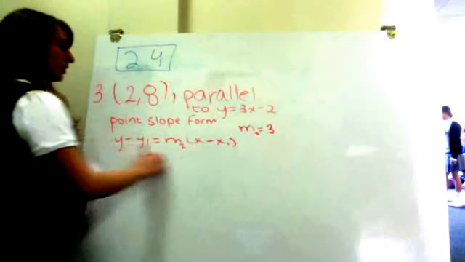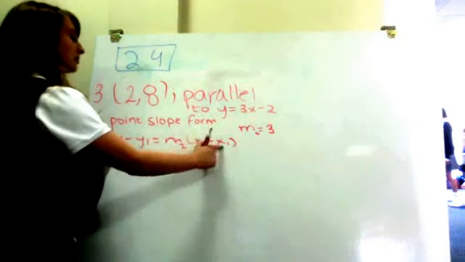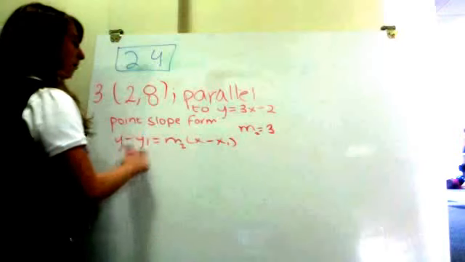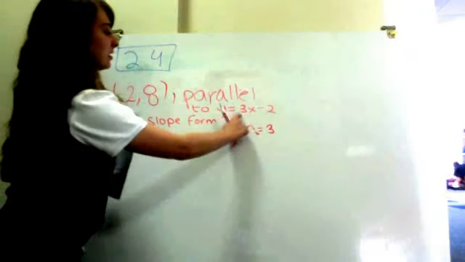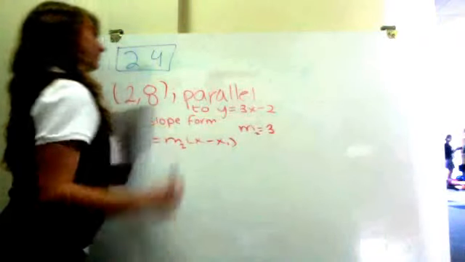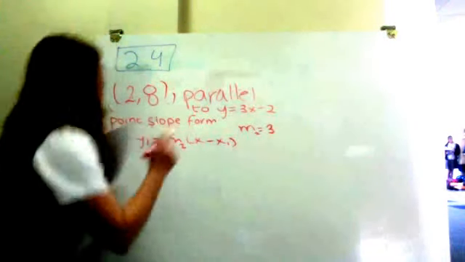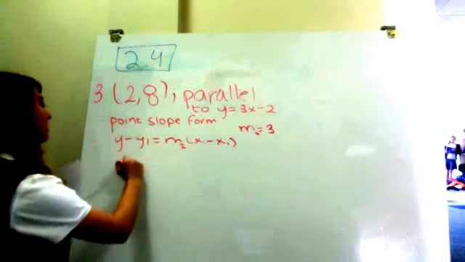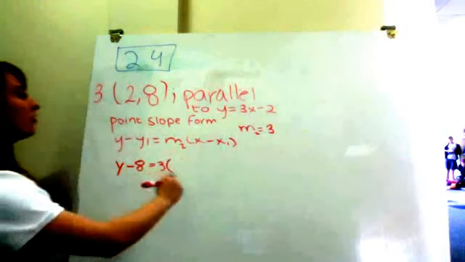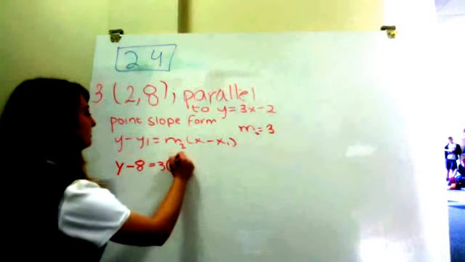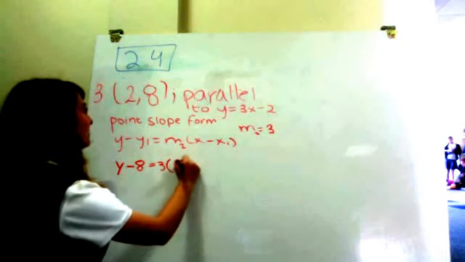The x1 is this x-coordinate, the y1 is this y-coordinate, and the m is just the 3 from 3x minus 2. So let's plug it in. y minus 8 equals 3 times (x minus 2).